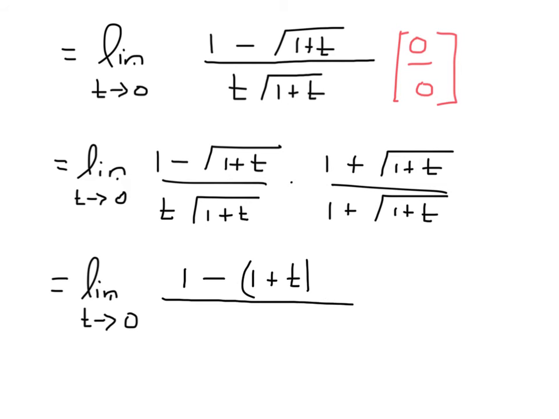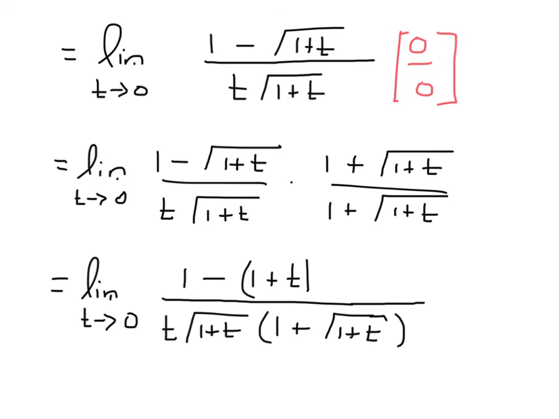And in our denominator, we have t root 1 plus t, and multiplying across, and really, don't forget these brackets here, times 1 plus root of 1 plus t. So be really careful with your brackets, as I have been in 2 places here.